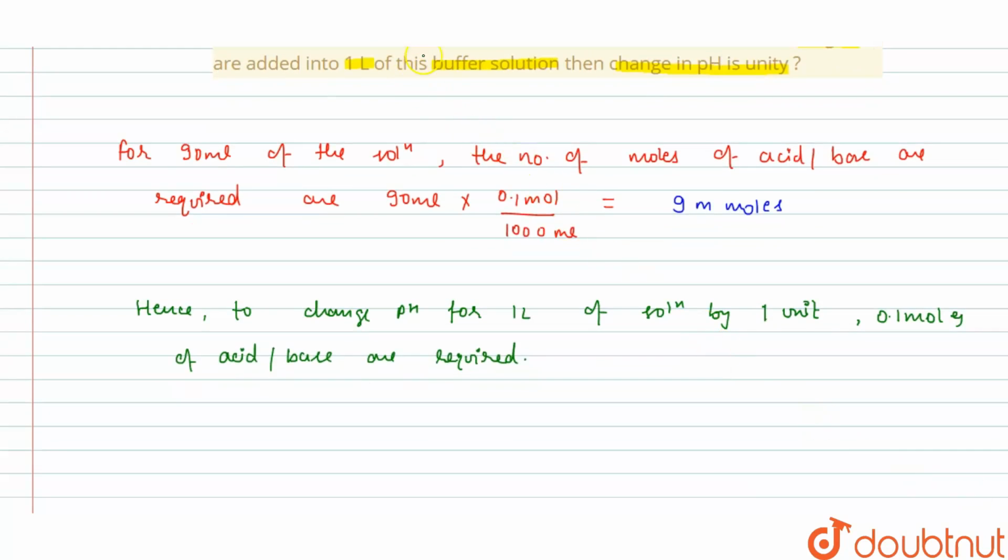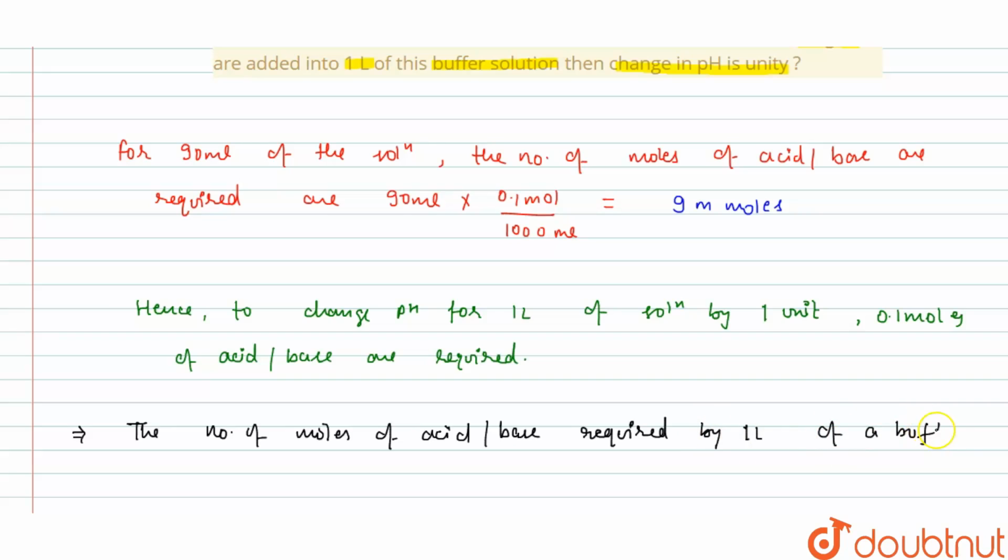So finally we can say that the number of moles of acid or base required by 1 liter of a buffer solution for changing pH by 1 unit.